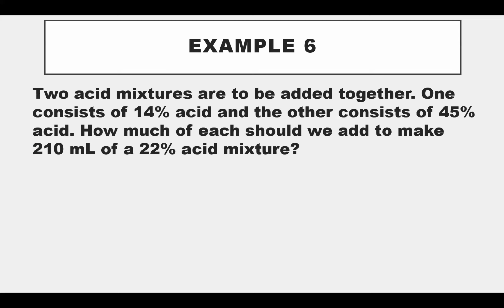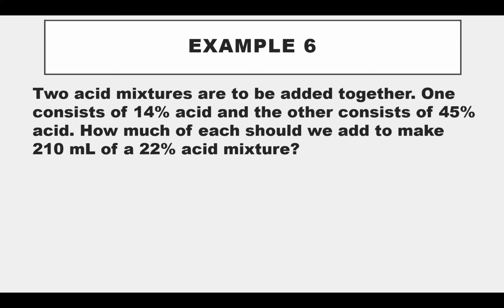So here's a classic mixture problem. Let's say we have two acid mixtures that are to be added together. One consists of a 14% acid and the other consists of a 45% acid.